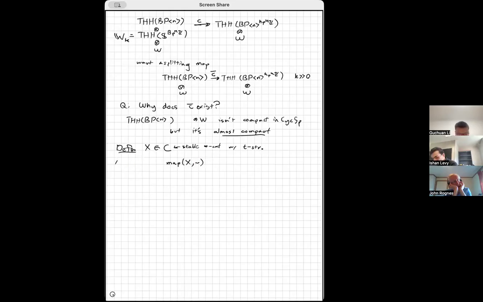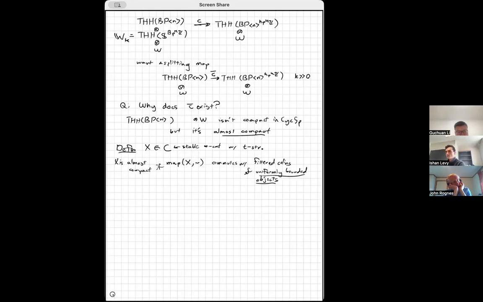But X is almost compact if the mapping spectrum out of X commutes with filtered colimits of uniformly bounded objects. Okay.